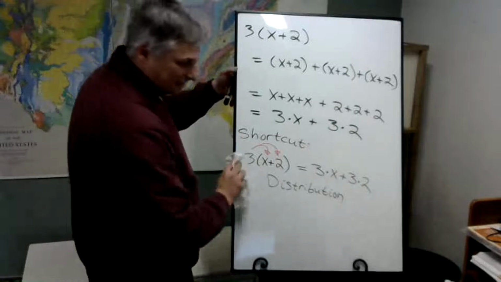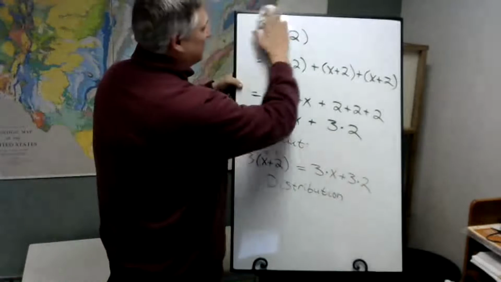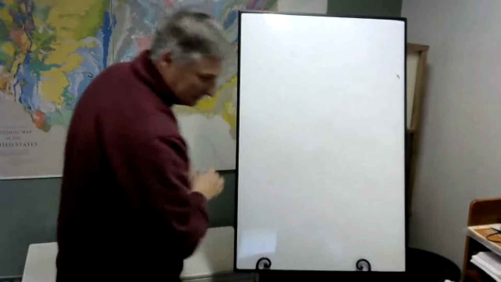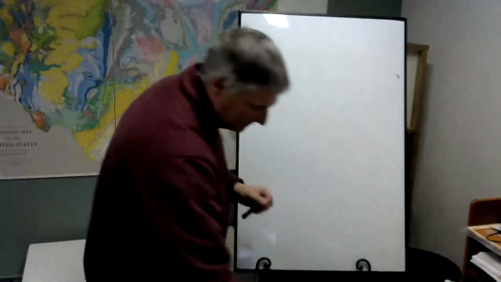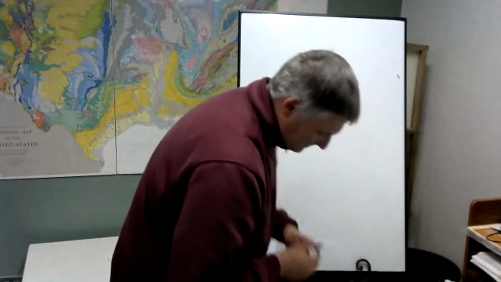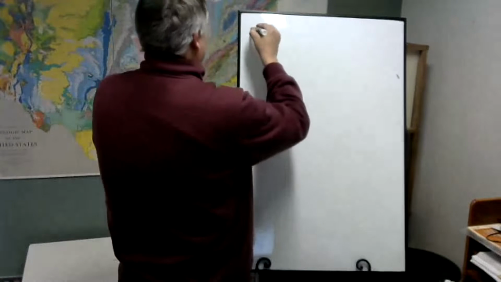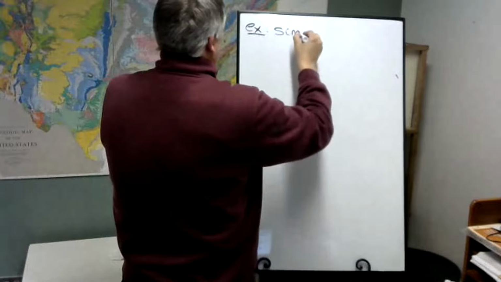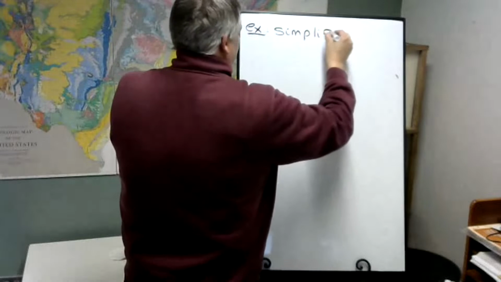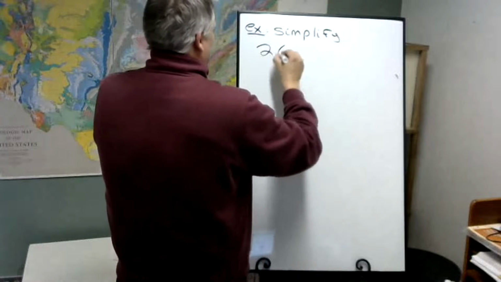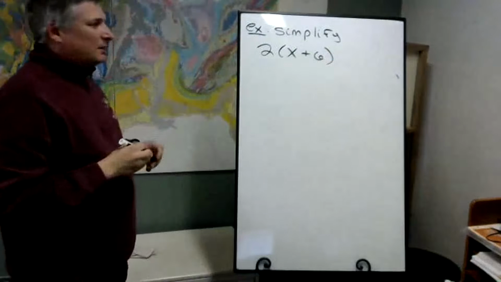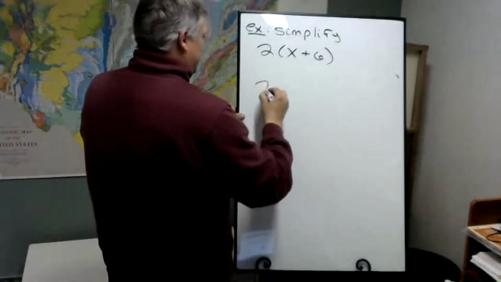So let me go through an example here. Let's say we're going to do some simplification. So what we do, we just use our shortcut.